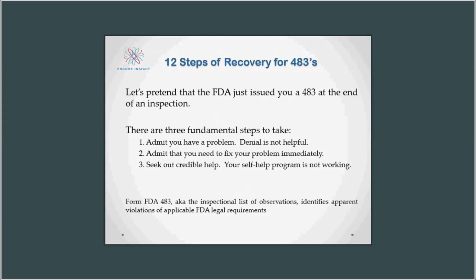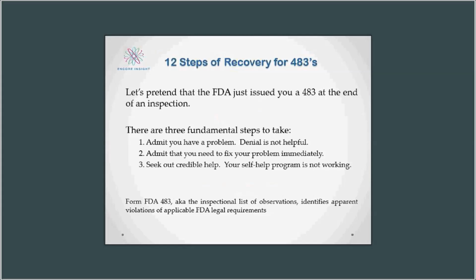So when you receive the 483, there are three fundamental steps you need to take. One, you have the 483 in hand, so admit you have a problem, at least from FDA's point of view. Going into denial, especially at the meeting when you're talking about it with FDA, is not helpful. You just need to accept it for what it is.